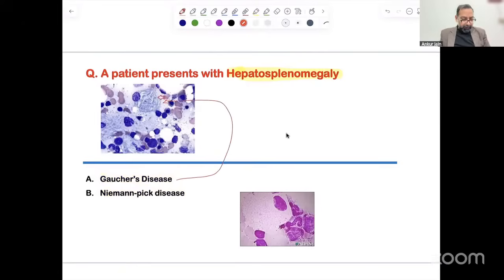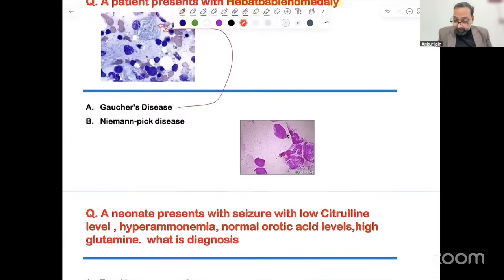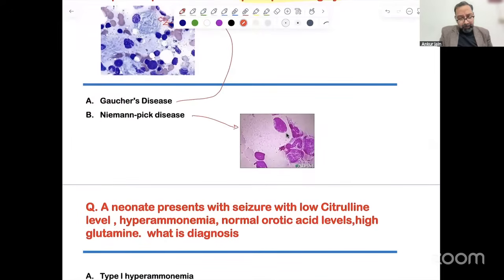But few students told, sir, it was a foamy, bubbly appearance. The mnemonic was neem soap. If you take a bath with neem soap, your bubbles would not be so clear as with Nirma, because you take a bath after so long a time. So that's why your bubbles are not so clear. So Niemann-Pick disease: bubbly appearance.